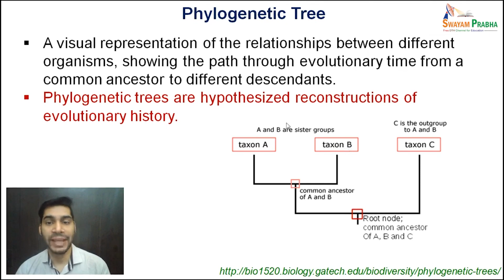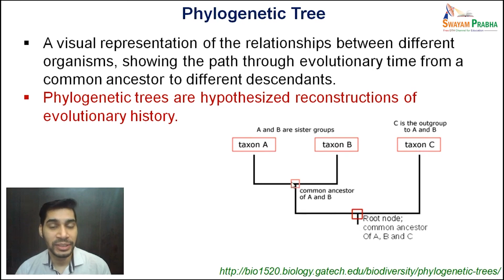Now, one example of a phylogenetic tree has been shown here. Here you can see there is a root node which represents a common ancestor for these three different taxa, which are A, B and C. From this there is a bifurcation which is leading to taxon C, which is acting as an outgroup for taxon A and B. So from this divergence C got separated.